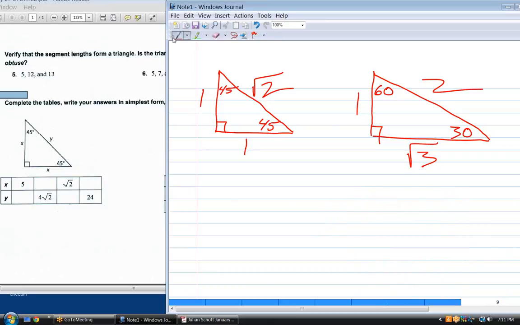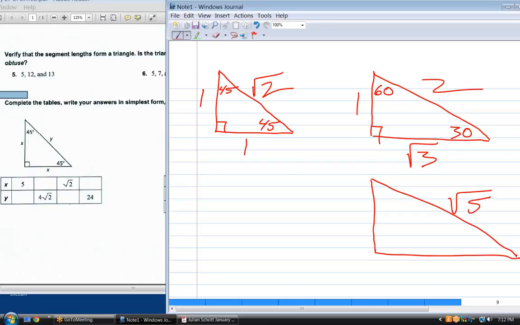Now, I'm going to give you one more. It's a little harder. Okay. Which is the bigger triangle, the smaller one or the top one? The top one? What's the square root of 5?